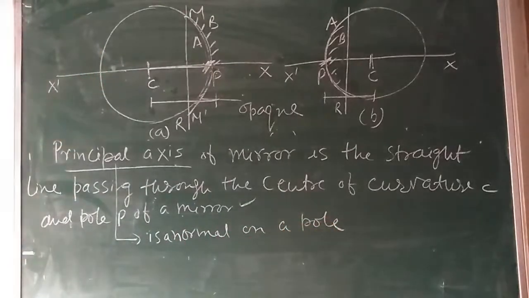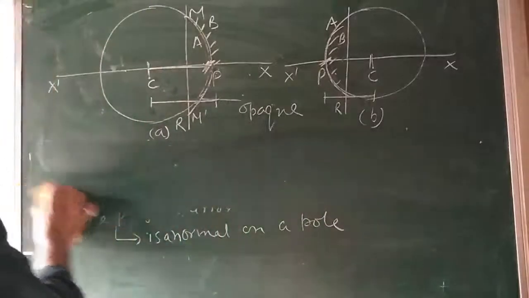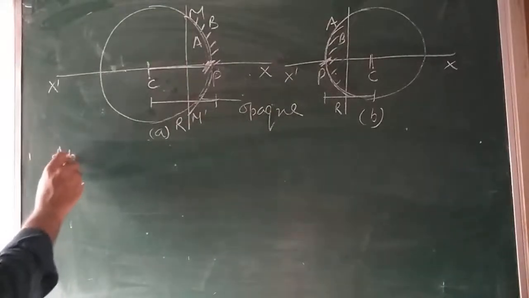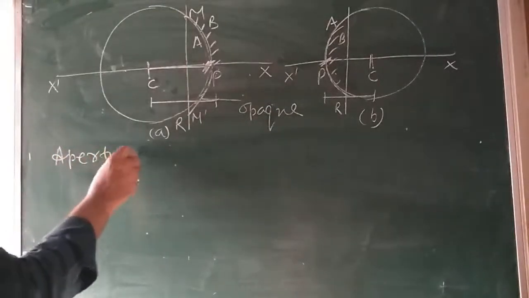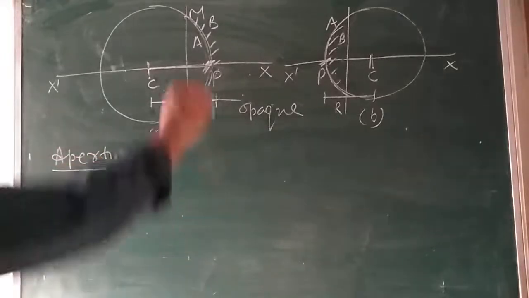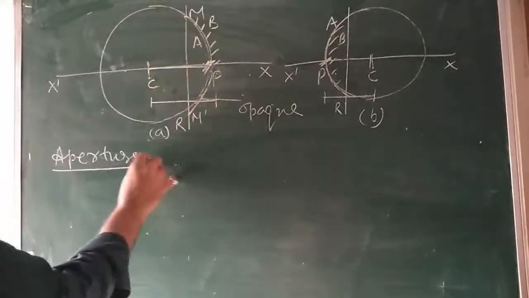Now, one more definition I want to see, that is aperture. A-P-E-R-T-U-R-E. Aperture of a spherical mirror is the diameter of the reflecting surface.